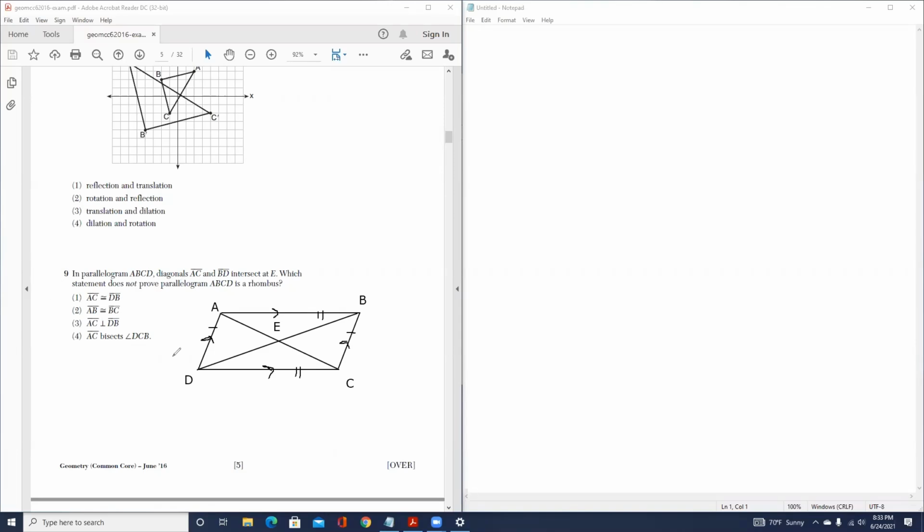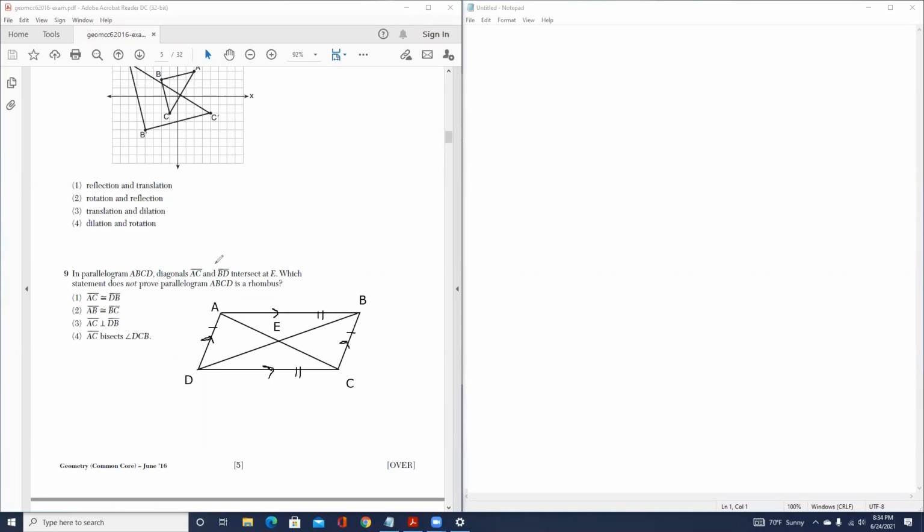So let's go over each statement and determine if we can prove that parallelogram ABCD is a rhombus based off of them. If AC is congruent to DB, that means that these two diagonals would be congruent, and we know that that is not a property of rhombuses.